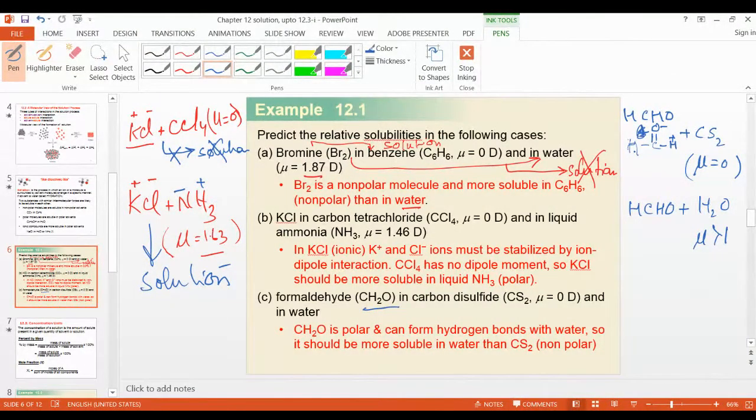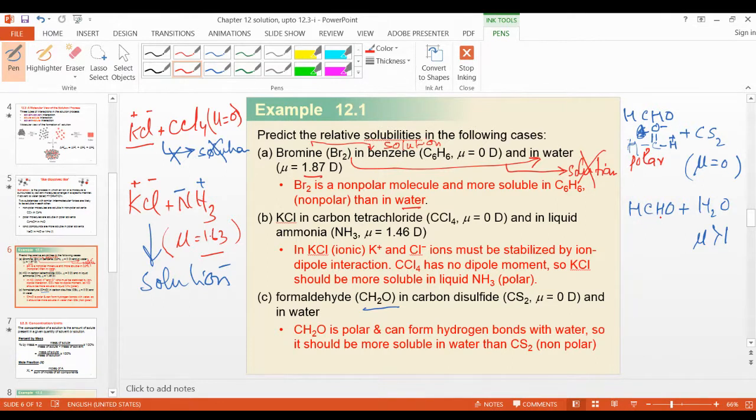So is it polar or non-polar? Polar. So this is polar, right? And a polar molecule will dissolve in polar, and a non-polar molecule dissolves in non-polar, just like dissolves like. So now you tell me which one makes a solution. HCHO with water. Is he correct?